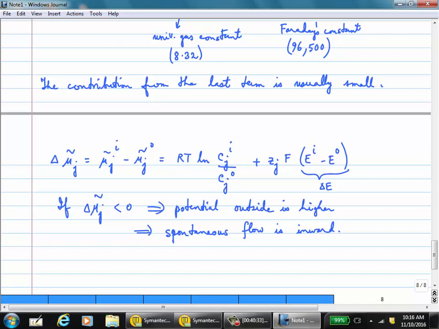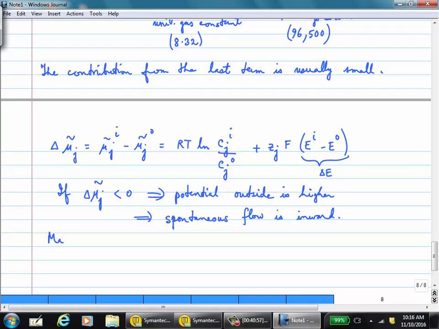So in that case, if the concentration outside, Cjo, is higher than Cji, then RT ln Cji over Cjo is going to be negative, because it'll be the log of something less than 1, and this agrees with whatever we predicted based on this equation. So this makes sense.